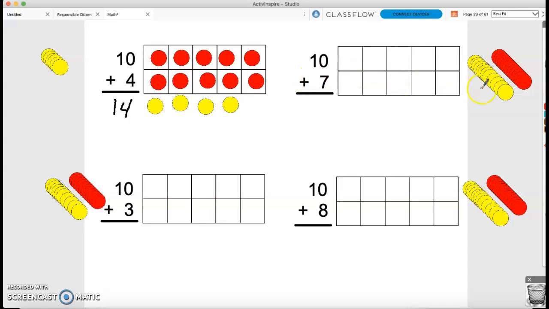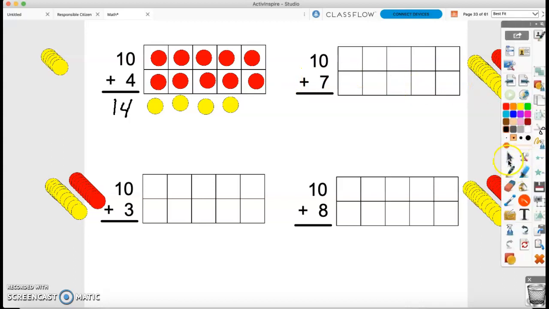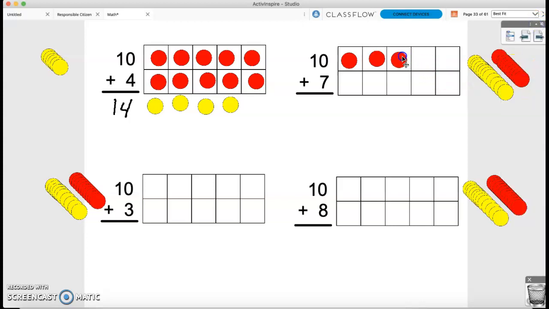Here we go with the next one. It says 10 plus 7. So once again, I'm going to get 10 and fill it up. Because if I fill up a 10 frame, I know that there's 10.